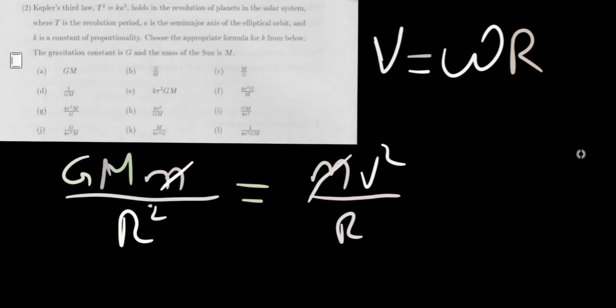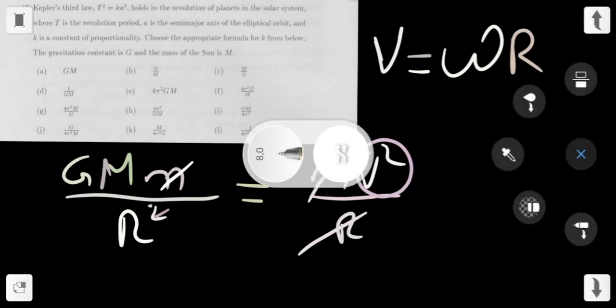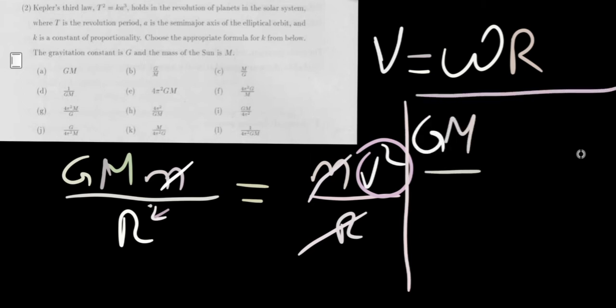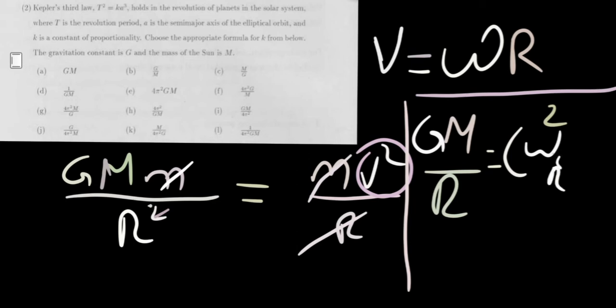Now m will cancel with this m, this squared will cancel with this part of r, and v squared, now note, v is w, the angular velocity, multiplied by the radius. So what we'll end up having is that GM divided by r is equal to w squared multiplied by r squared.